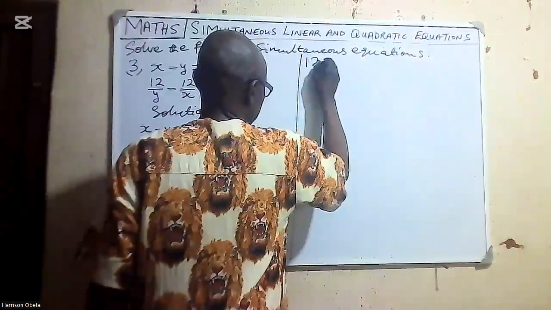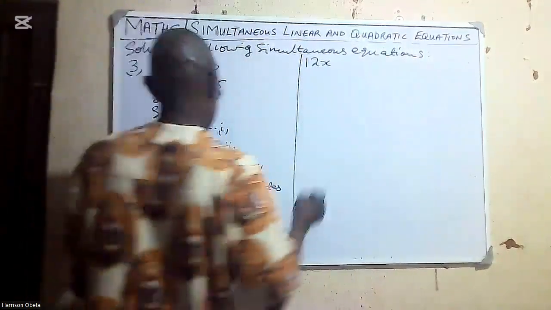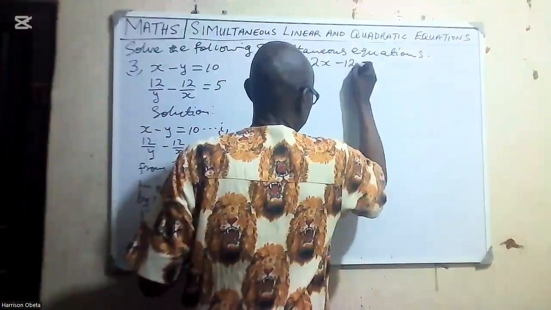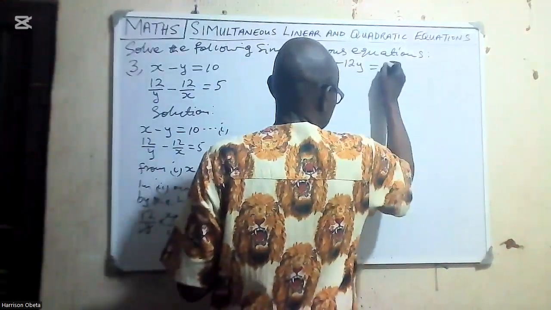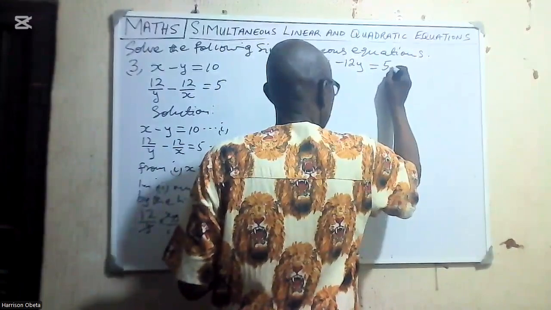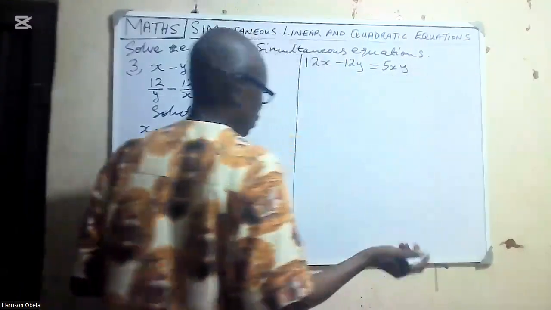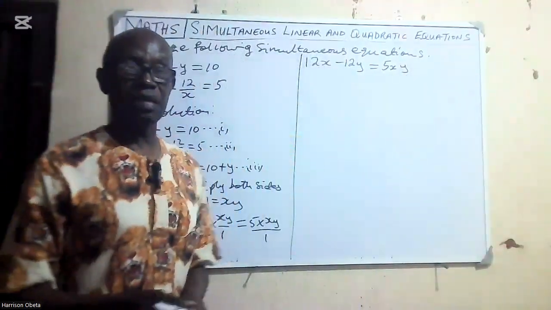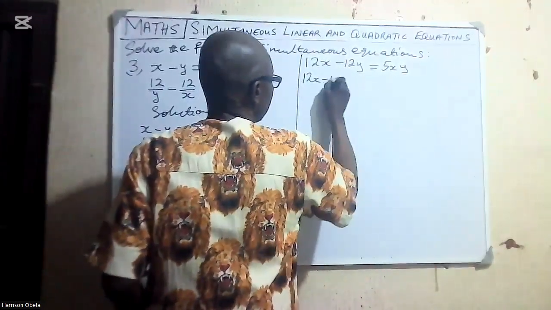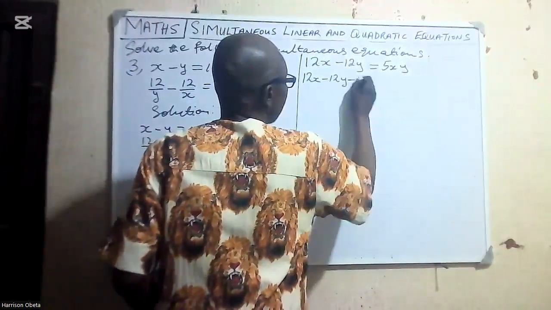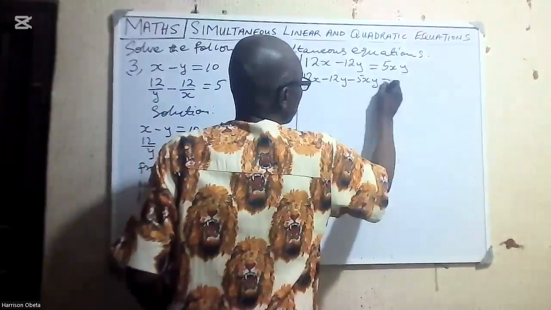That's 12x minus 12y is equal to 5xy. We can rewrite the whole thing by bringing them together, and that is 12x minus 12y minus 5xy equal to 0.